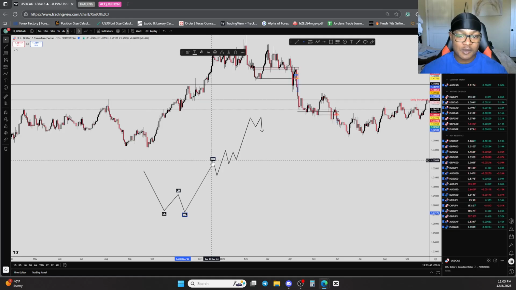And then what happened? Price then had the retracement back down, and then price had another extension, aka breaking past this recent higher high to go create a new higher high.